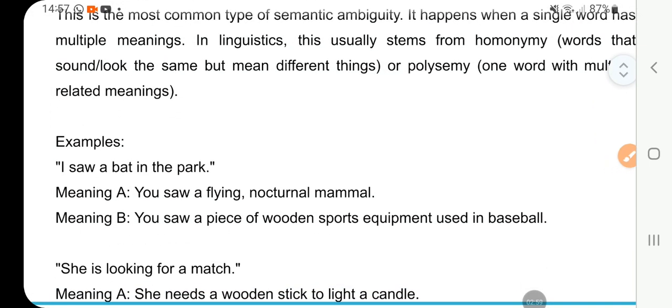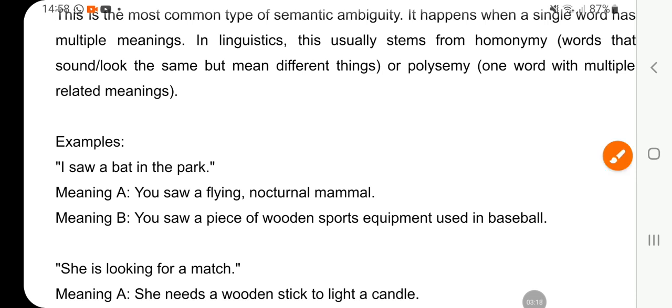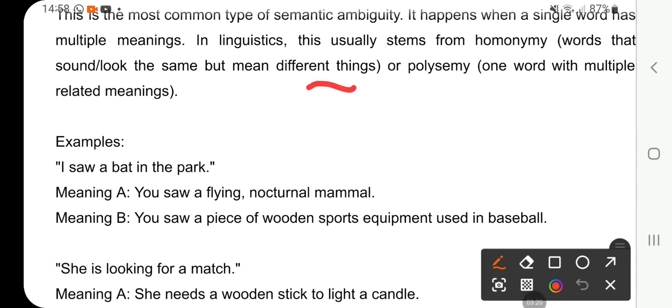In linguistics, this usually stems from homonymy. Homonymy means words that sound or look the same but mean different things, right? Means one word, for example, bat.